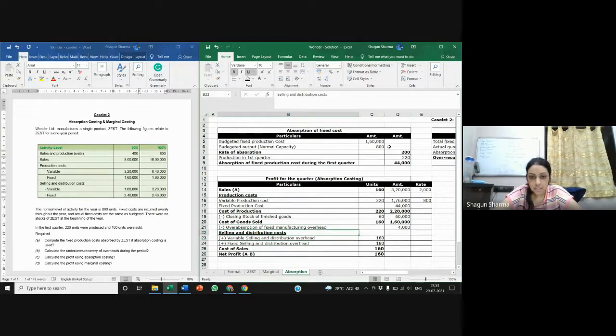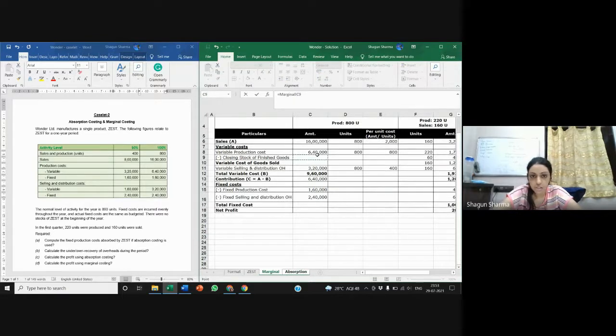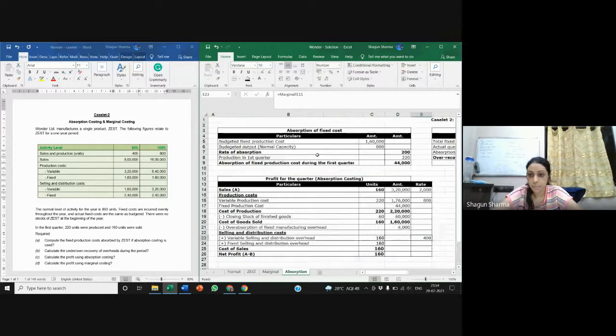Yeah. So now let's come to my selling and distribution costs. Like I said, that remains exactly like my marginal cost. Therefore, for variable, I find the rate like I did in marginal. So I'll use the same rate just from this sheet. Variable selling and distribution, इसका rate है 400. And I multiply this 400 by my number of units.